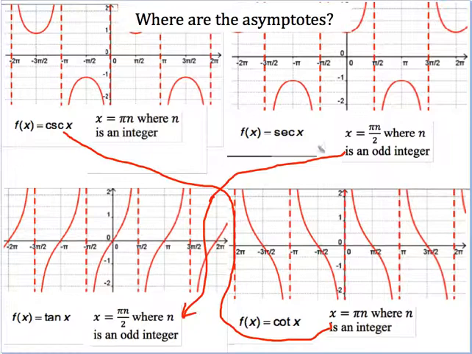So if you have secant or tangent, then your formula is going to be pi times n divided by 2, and n has to be an odd integer. Make sure you remember it has to be an odd number. And then for cotangent and cosecant, it's n pi, just increments of pi. So 1 pi, 2 pi, 3 pi, 4 pi, and so on.